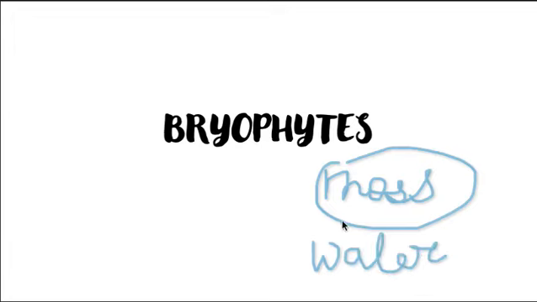Let me just give you a general overview before we start. From an evolutionary point of view, there are four groups of plants. The first group of plants is the algae.